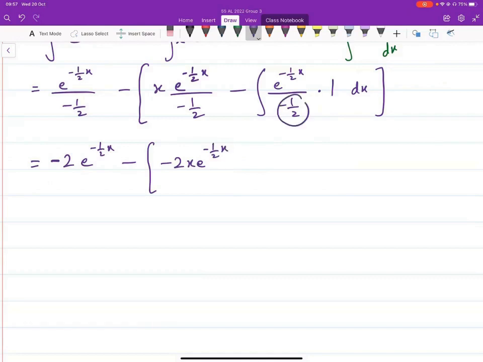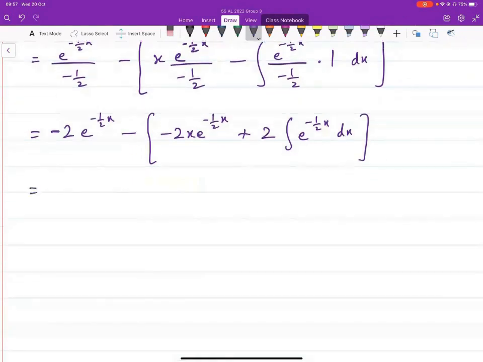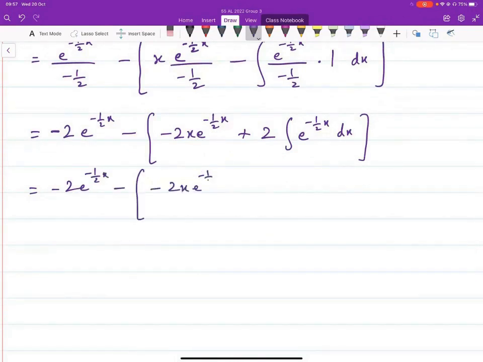We can take this constant outside as well. 1 over 2 denominator में है. When it comes outside, it becomes 2. We've got this negative sign and this negative sign. We have a plus outside. Plus 2 integral of minus half x with respect to x. Okay? Now we integrate that part. We have minus 2 e raised to power minus half x minus 2x e raised to power minus half x.